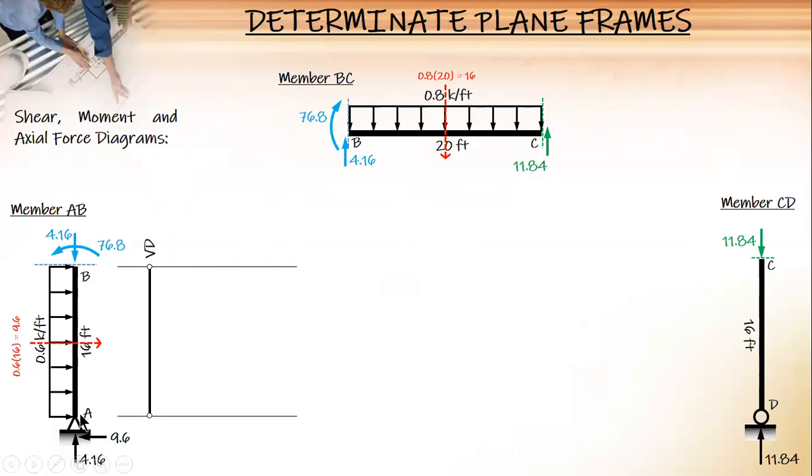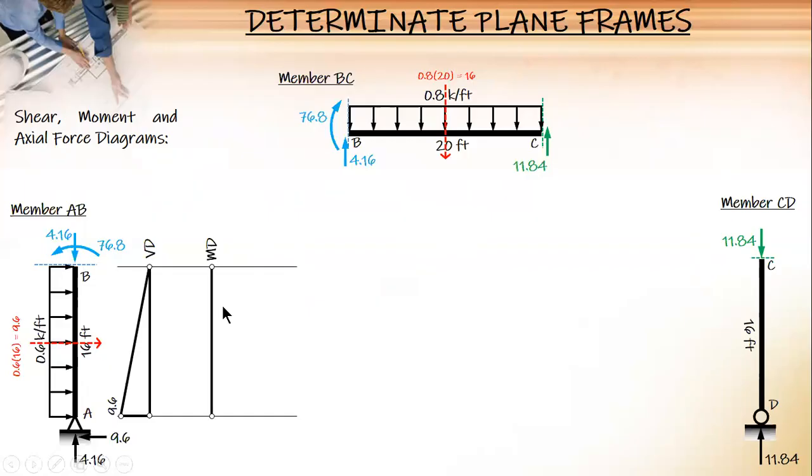So upward, to the left is 9.6, and then uniform load, a straight line, right? The resultant is 9.6 also. So 9.6 minus 9.6, it becomes 0 there. We have no force there.